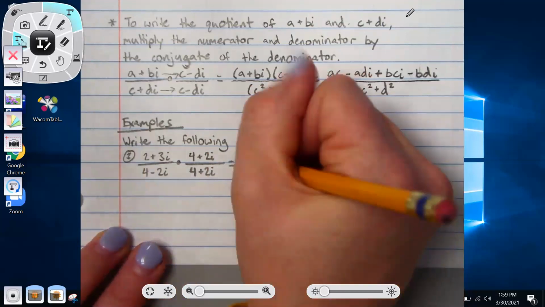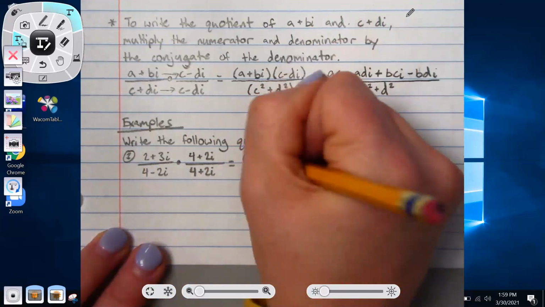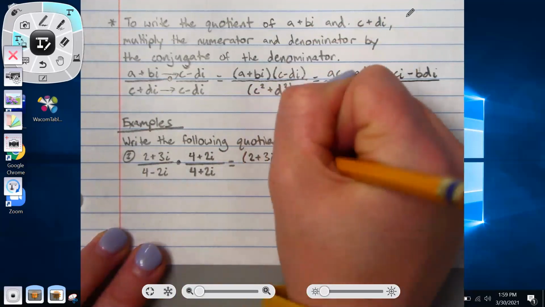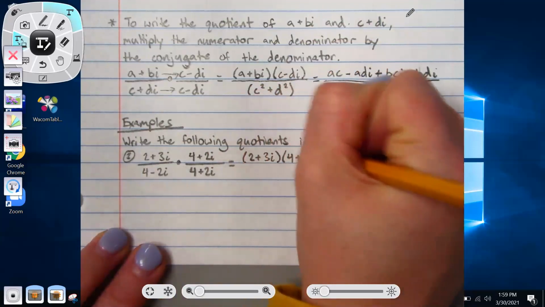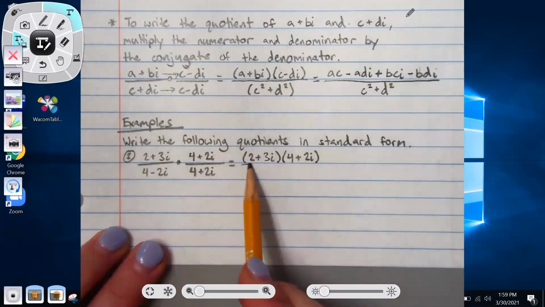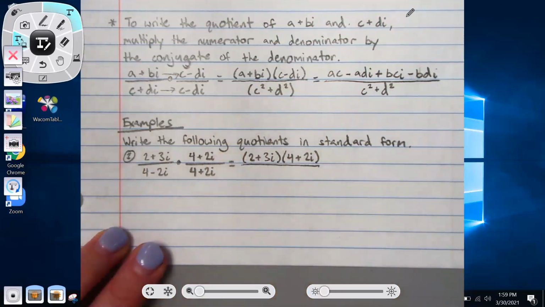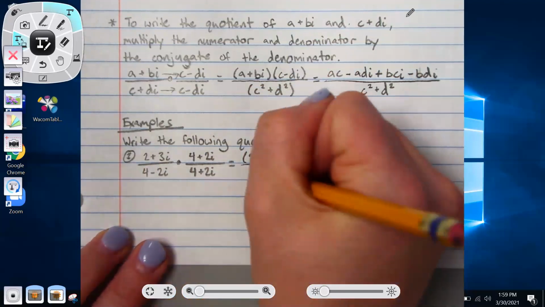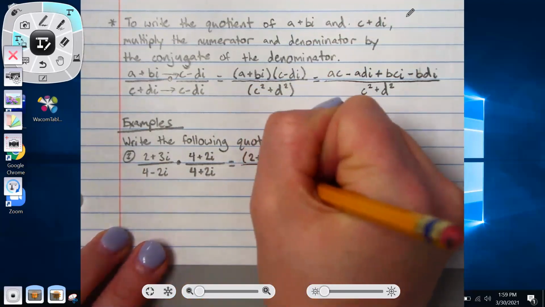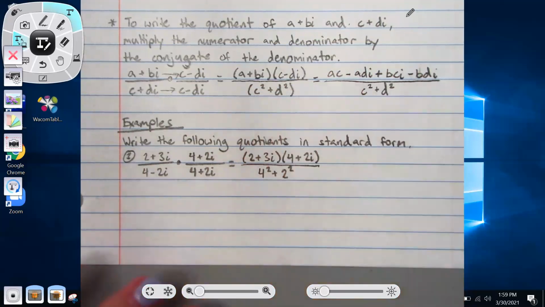So in the numerator, we have 2 plus 3i times 4 plus 2i. In the denominator, since these are conjugates, we can use our shortcut and say this is 4 squared plus 2 squared.